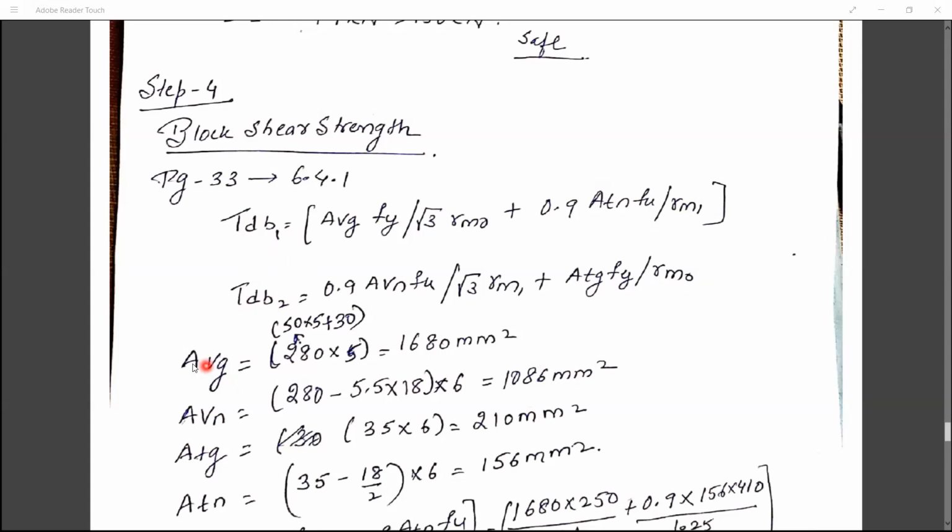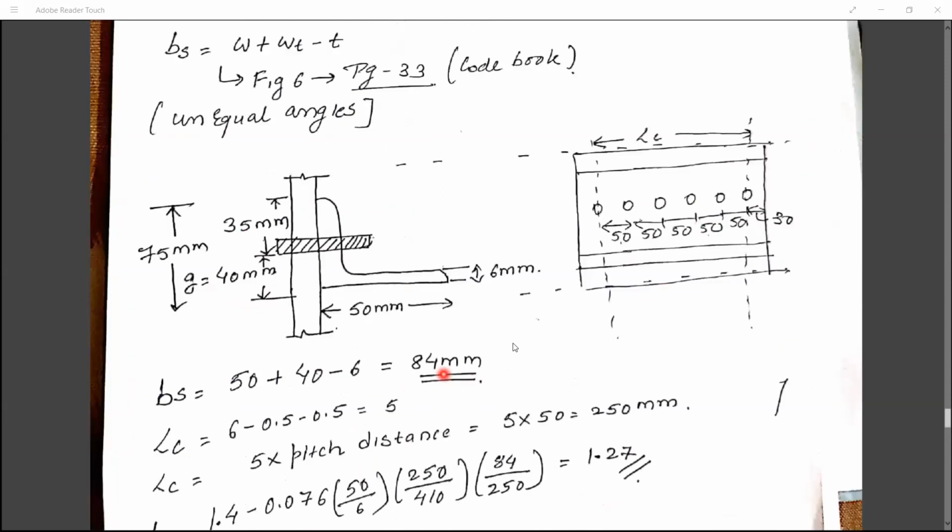Now, the first unknown value is AVG. How do we calculate AVG? There were 6 bolts here. We have left out this edge distance and considered only from this point to this point.